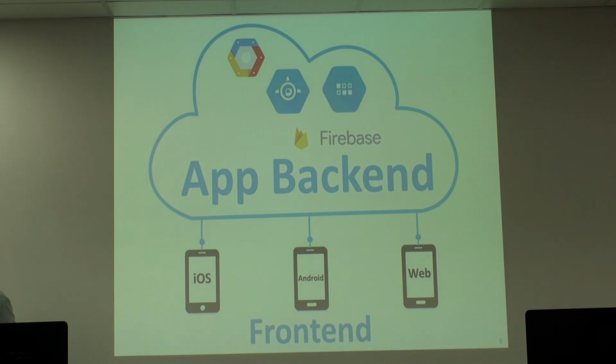So there are two ends. One is the front end, meaning iPhone, Android phone, web, which is the user interface. For your data interactions, requests are sent to the back-end office. The back end means it's in the cloud or on a server.